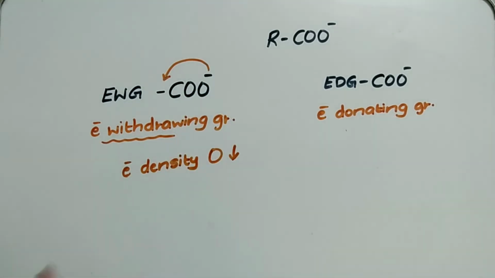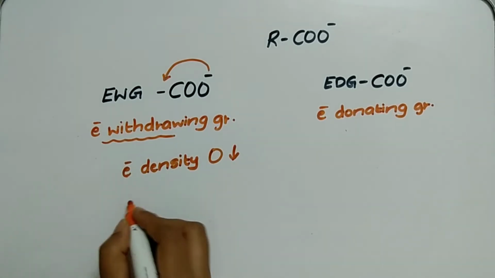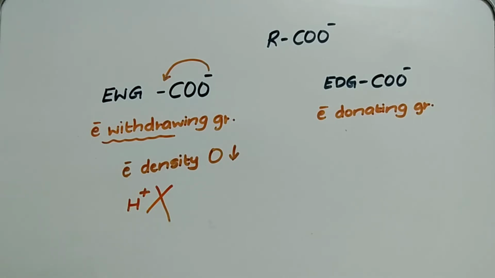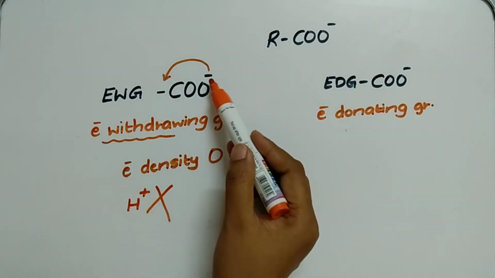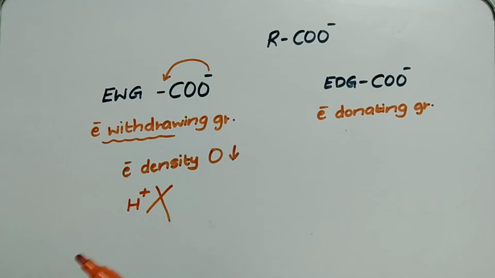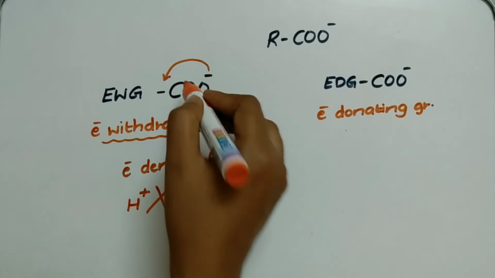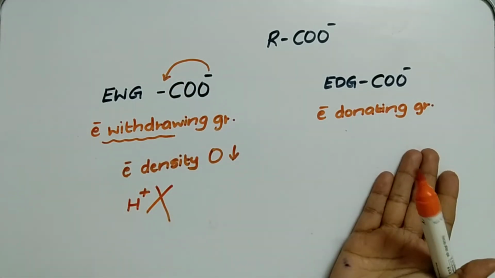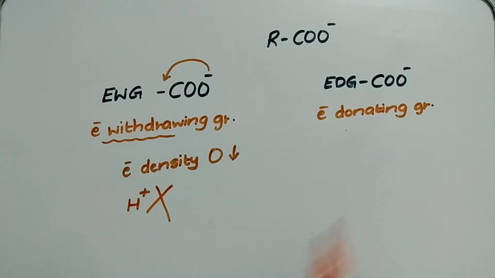If there is less negative charge on oxygen, then it cannot accept H plus ions, right. Negative sign is not there, so how can it accept a positive proton? Correct. So, if there is an electron withdrawing group, the electron density on oxygen will decrease. So, H plus ions it cannot accept, right.